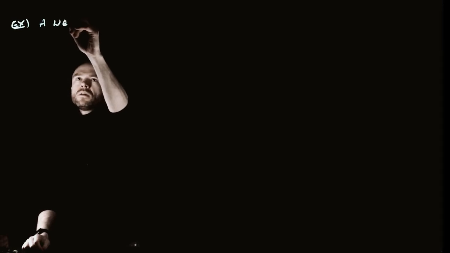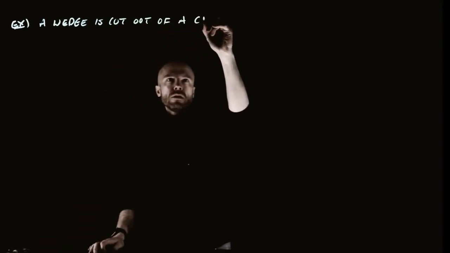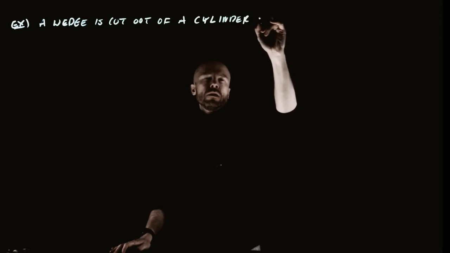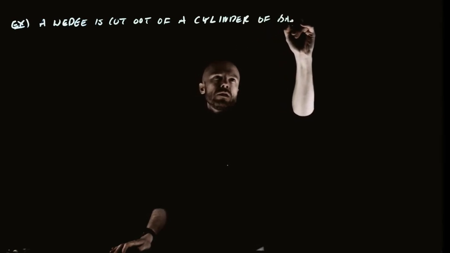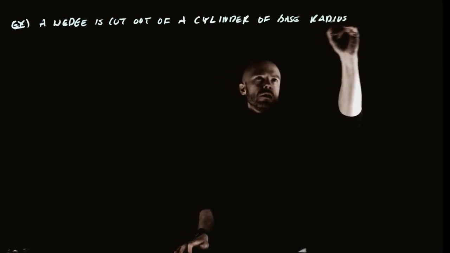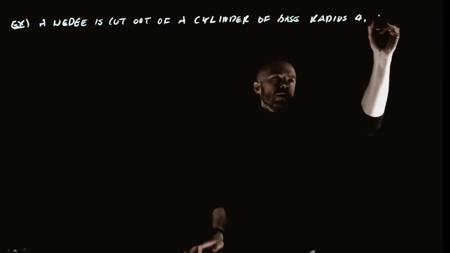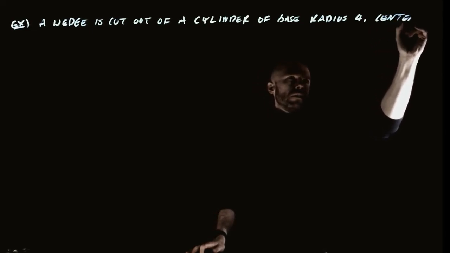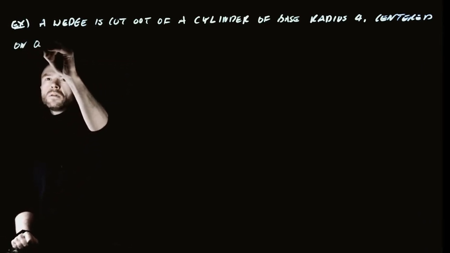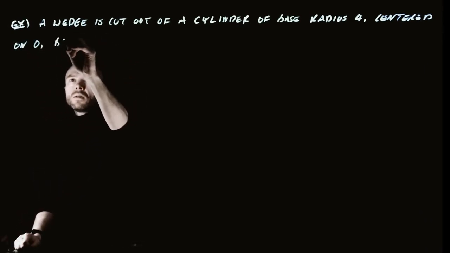A wedge is cut out of a cylinder of base radius 4 centered on 0 by 2 planes.